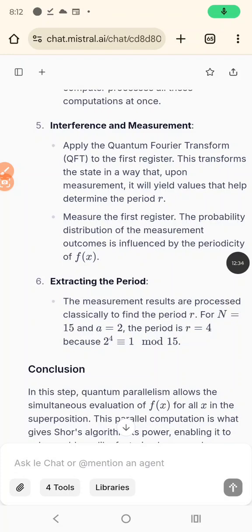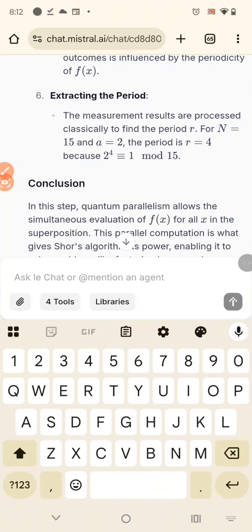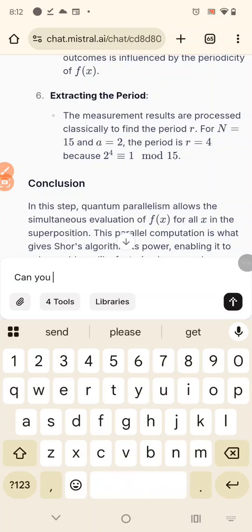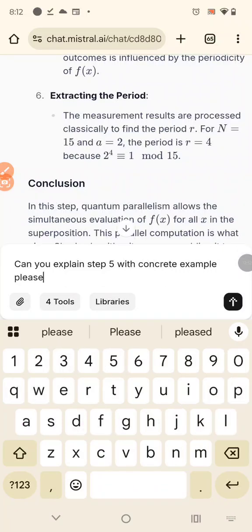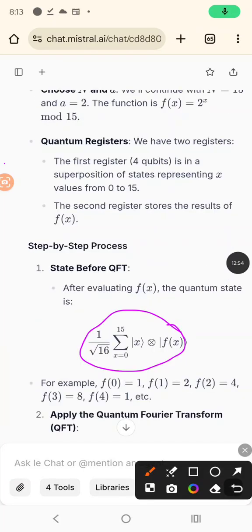So now I need to do another follow-up question. Great example. So we are looking at it on a step-by-step basis.